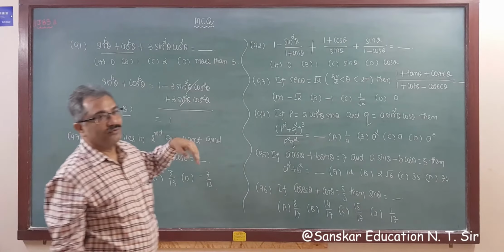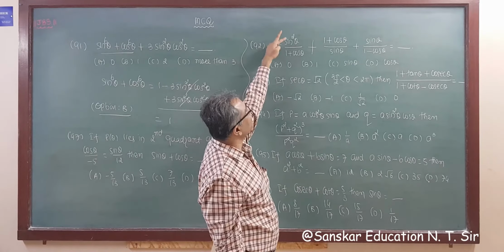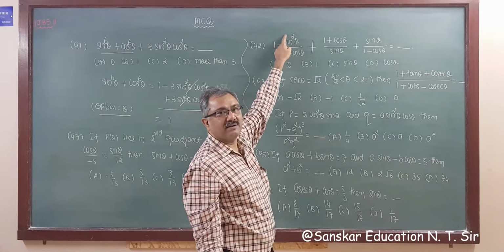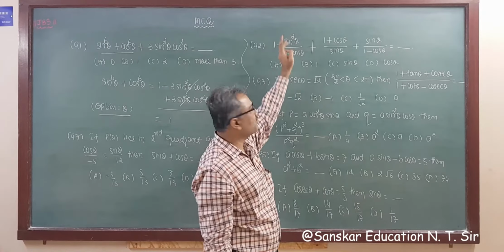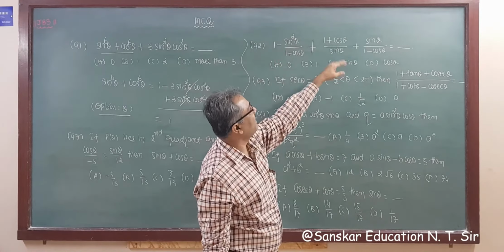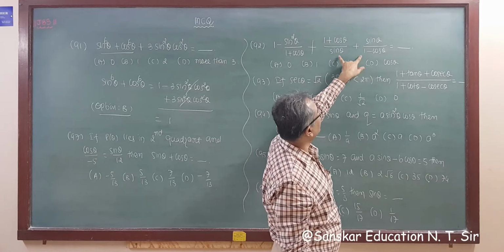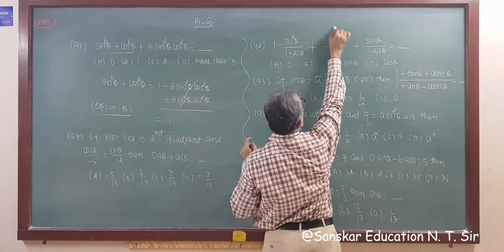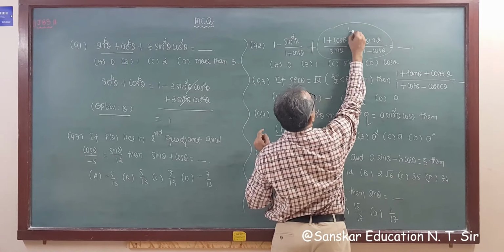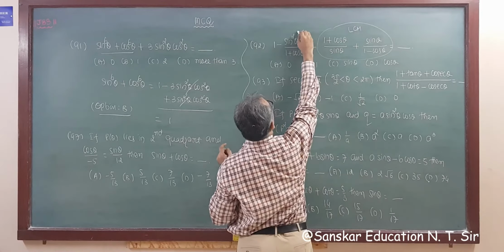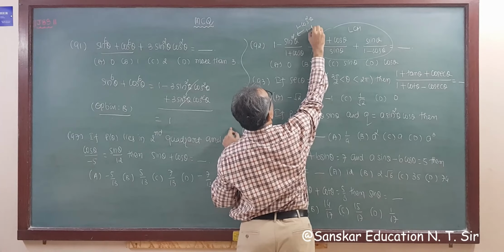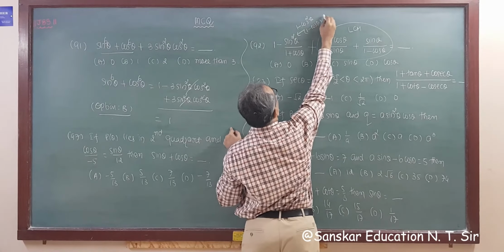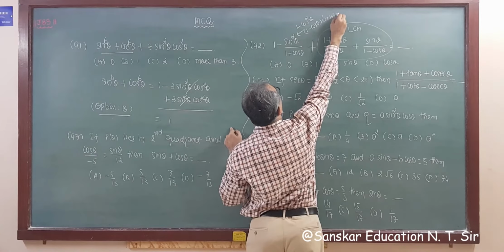Now 92. Simply, this is given with sin square theta. So change this as 1 minus cos square theta and then factorize: 1 minus cos theta, 1 plus cos theta, and then simplify. Take LCM here. Change this into 1 minus cos square theta, then 1 minus cos theta and 1 plus cos theta.